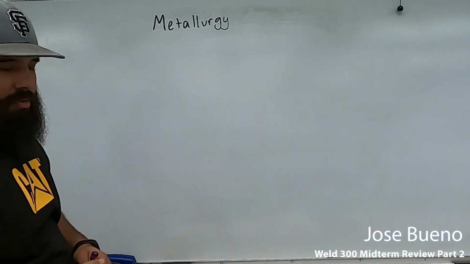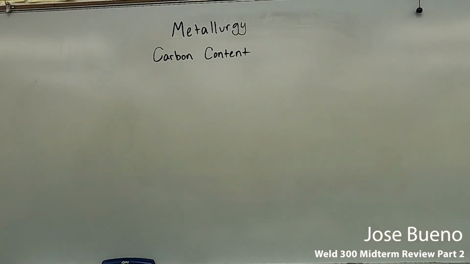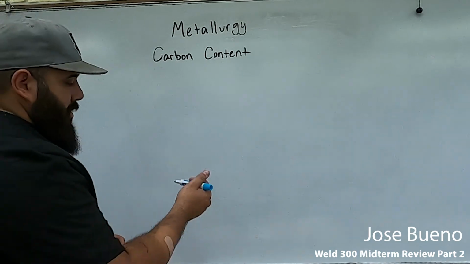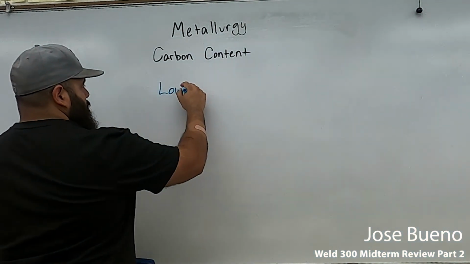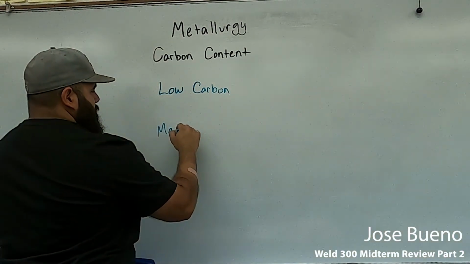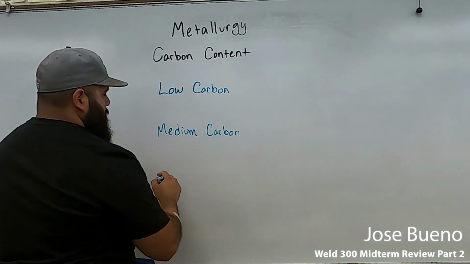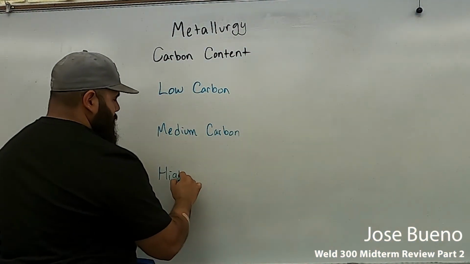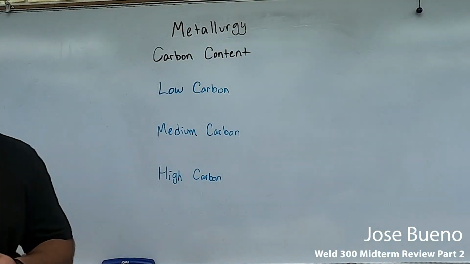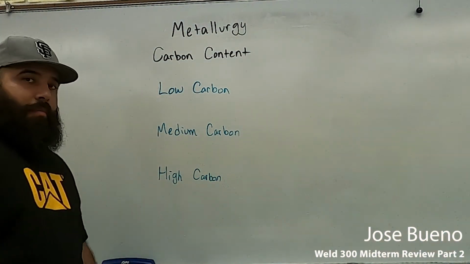And that leads us to carbon content. In regards to carbon content, there are three types of steel that we'll be dealing with. There's low carbon, there's medium carbon, and there's high carbon. Now, each different type of steel has its own different uses. Some are used in everyday household application.